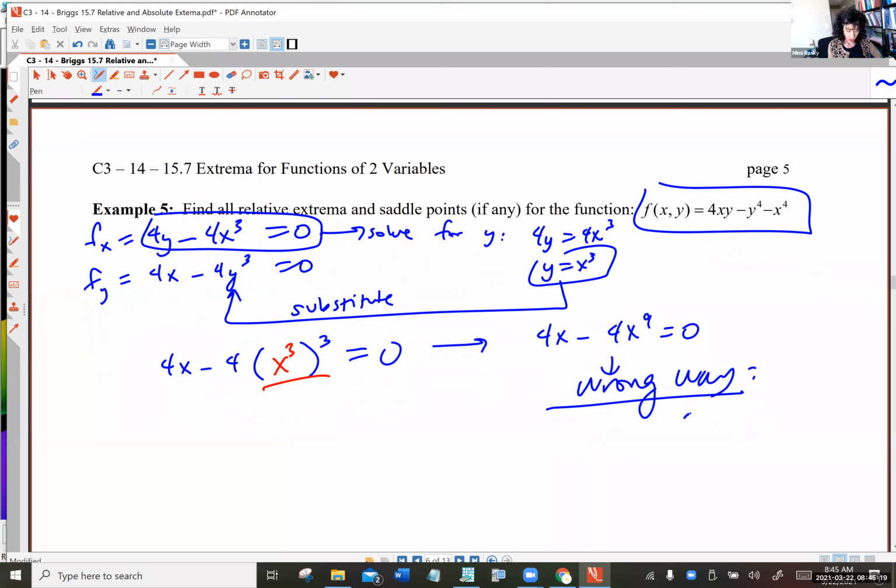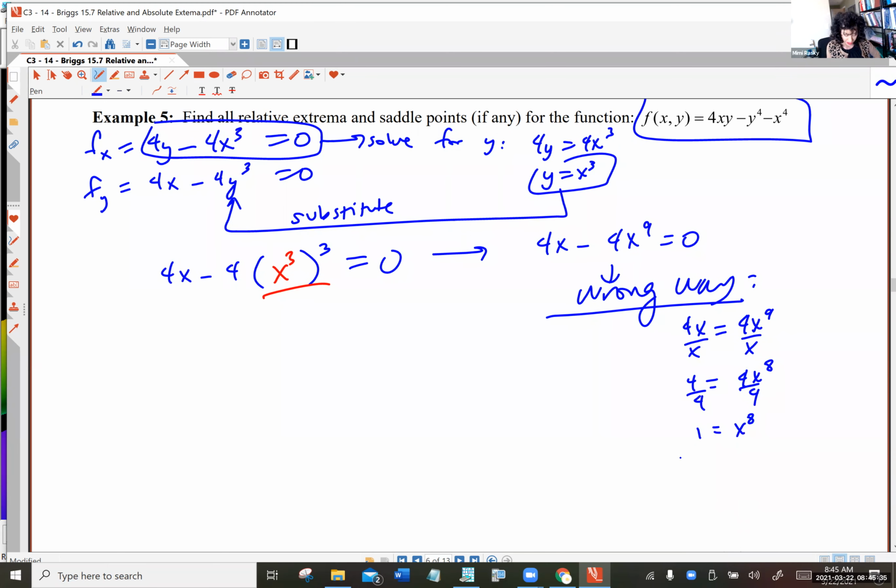A lot of students will go, oh, I'll add 4x to the 9th to both sides, and then I'll divide both sides by x. Okay. And then I'll divide both sides by 4. Okay. And then I take the eighth root of both sides, and I do have to remember a plus or minus because that is an even root. That part's true. And I get x equals plus or minus 1.